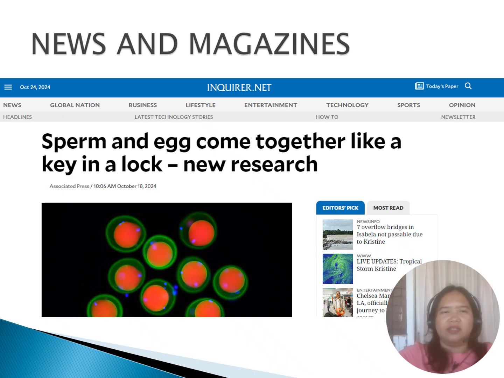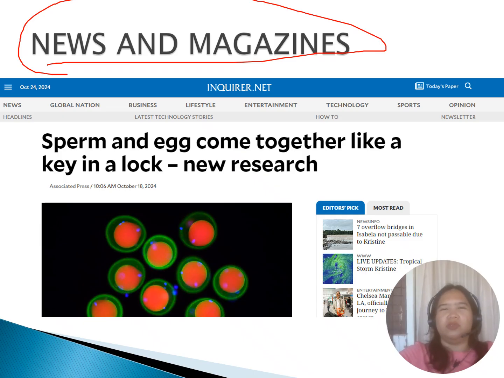So news and magazines: you can use news as a source of ideas on what to research or as a scientific question. This is quite interesting information about science. Since we're doing scientific research, your topic should be related to science.